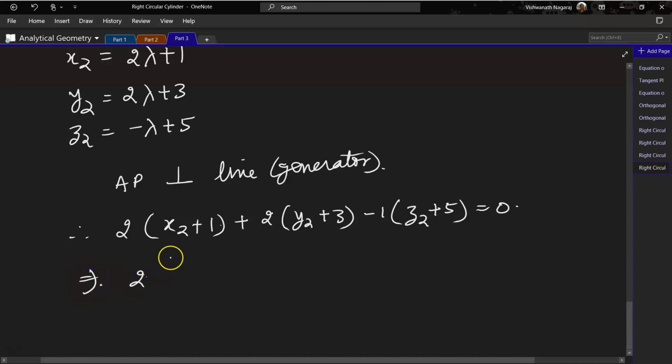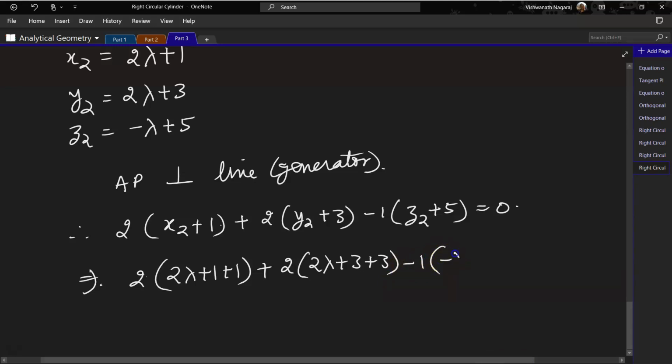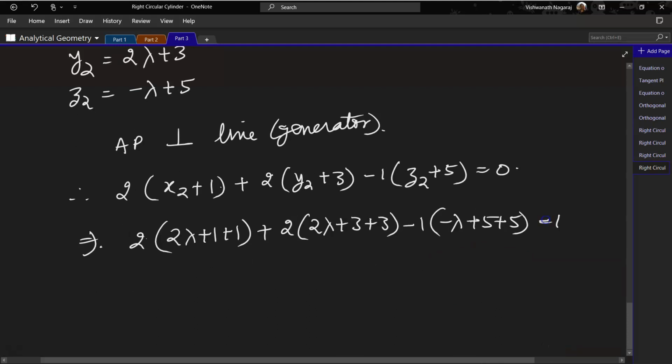Which implies, now we do the substitutions. x2 is 2 lambda plus 1, plus 1, plus 2 times 2 lambda plus 3, plus 3, minus 1 times z2, which we substituted with minus lambda plus 5, plus 5, is equal to 0. So now what do we have?